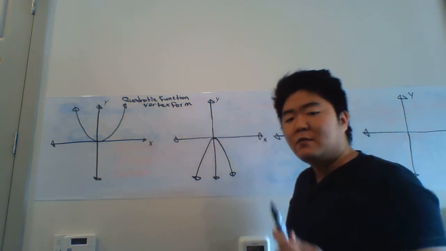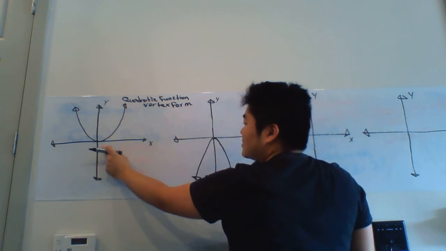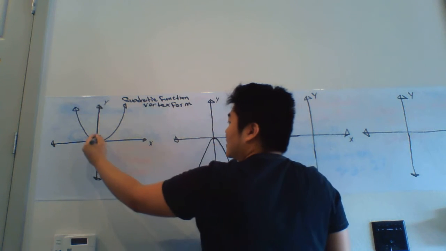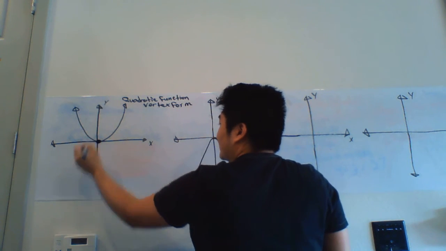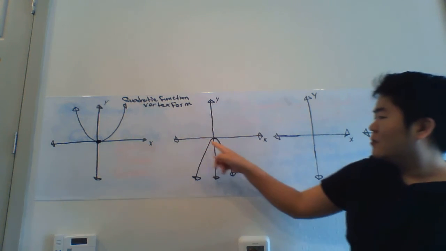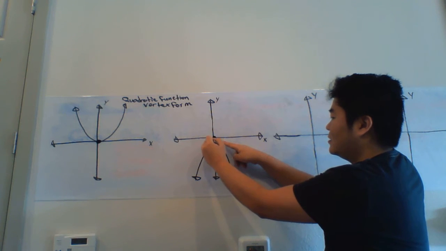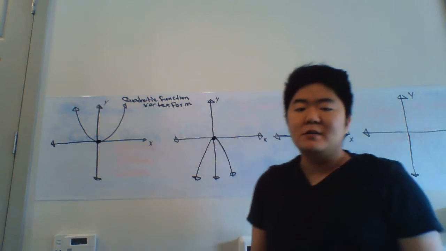And how do we do that? Well, I'm going to look for the vertex. And if you remember parts of a function from last week, the vertex is always that bottommost point. In this case, it's the bottom, or in this case, it'd be the topmost point. So it'd be right here, or wherever that boomerang bends.